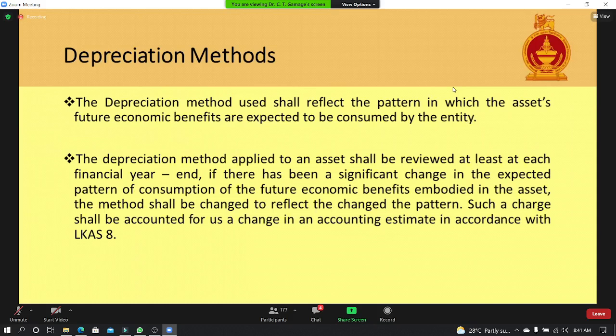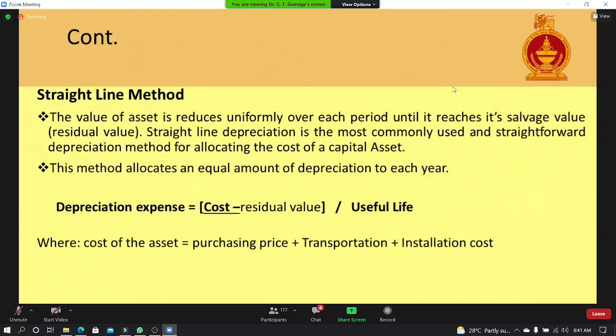We already discussed that. Straight line method, depreciation expense we calculate as cost minus residual value divided by useful life.